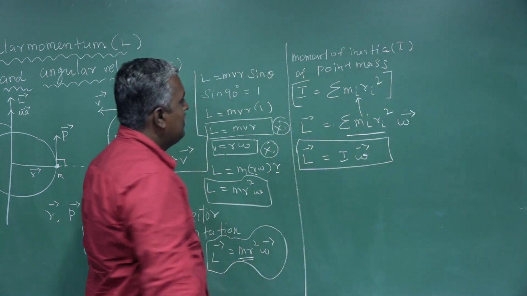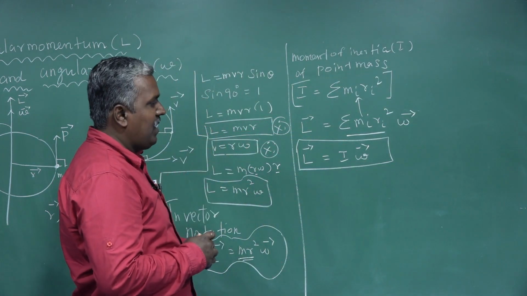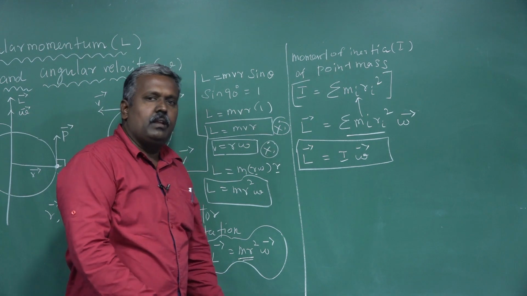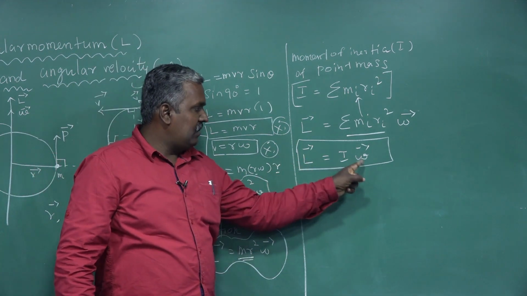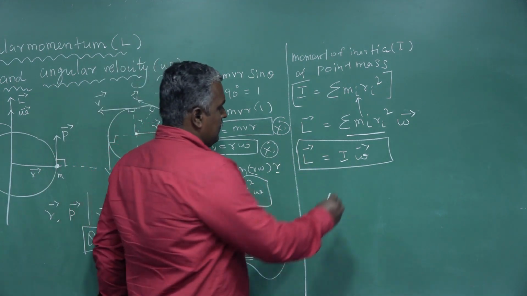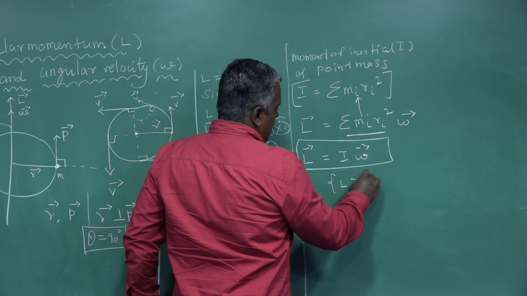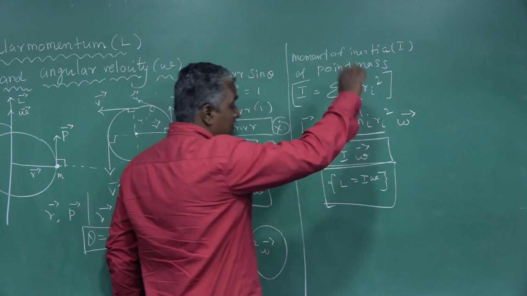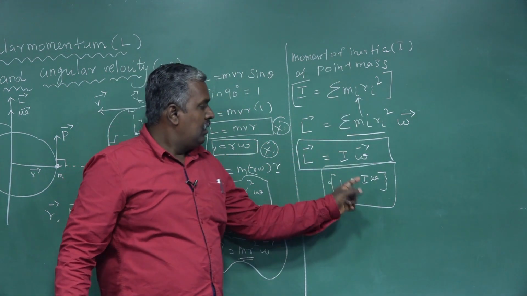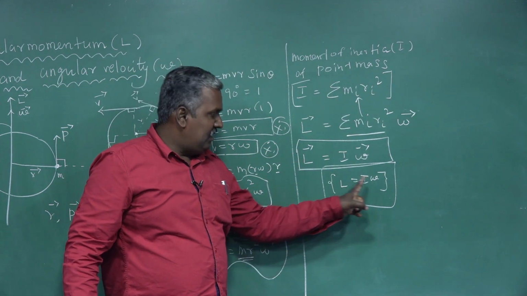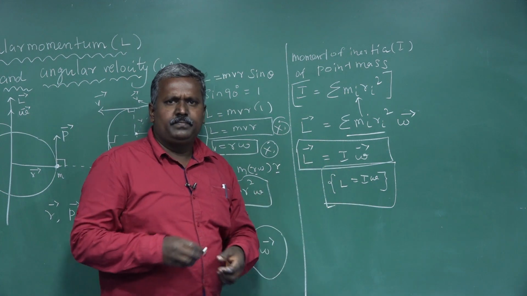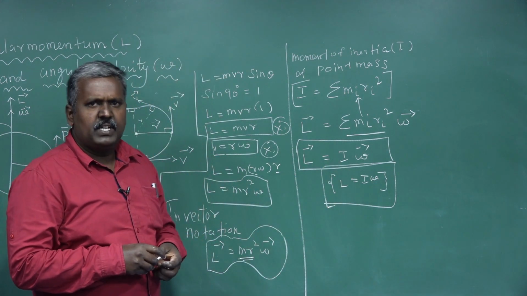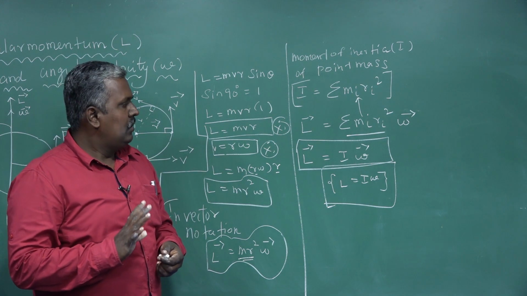So simply keep in your mind the relation between angular momentum and angular velocity: L is equal to I omega. That's all. Clear?